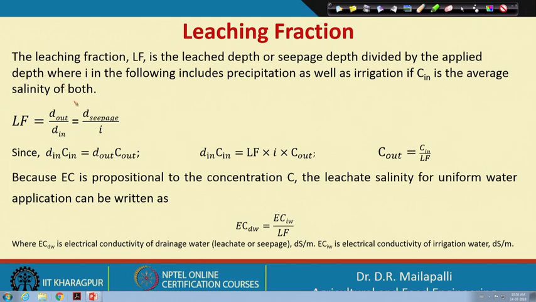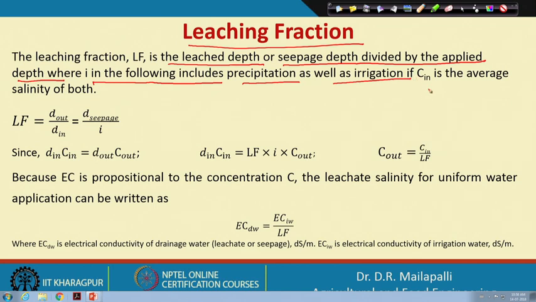Now, what is the leaching fraction? The leaching fraction, denoted LF, is the leaching depth or drainage depth divided by the applied depth, where the applied depth includes precipitation as well as irrigation, with C in the average salinity in both.